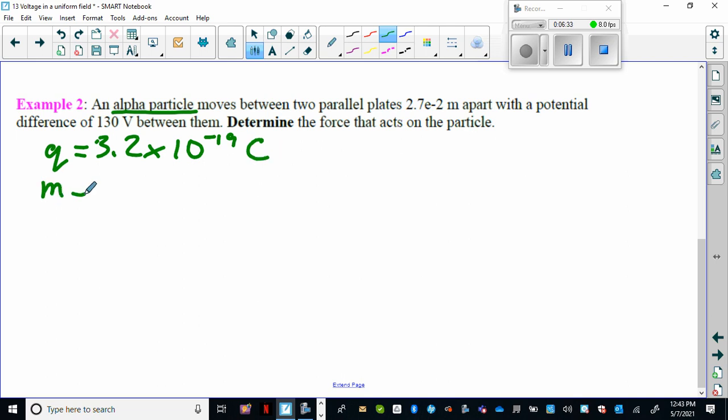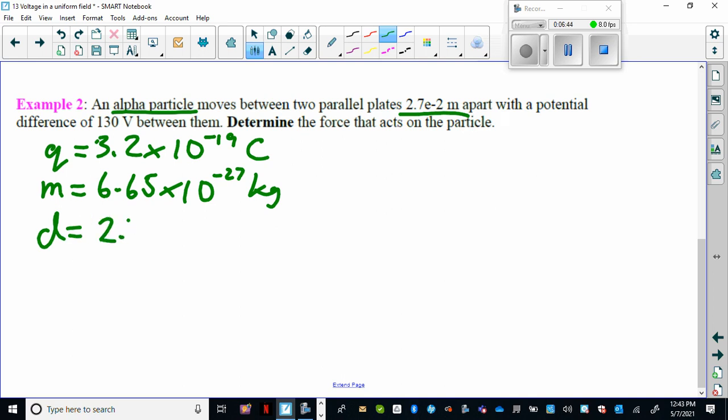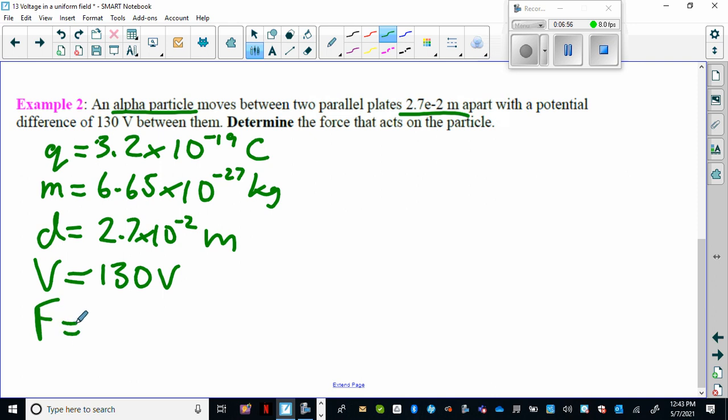The mass of an alpha particle is 6.65 times 10 to the negative 27 kilograms. We've got the distance between the two plates, 2.7 times 10 to the negative 2 meters, and the voltage, 130 volts. Determine the force. We're trying to find the force between them. That's what we don't know.